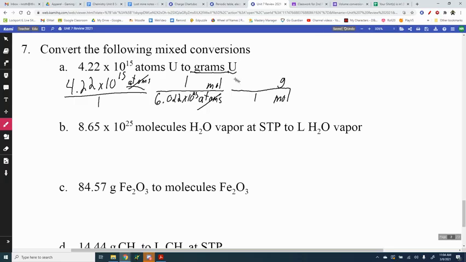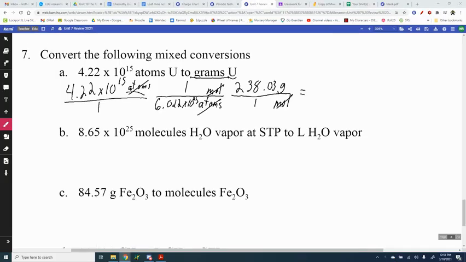1 goes next to moles, and the molar mass of U goes next to grams. So that turns out to be 238.03. So we take our numbers on top and we multiply them together, and we get 1.004, and there's more numbers, but I'm not going to write them.